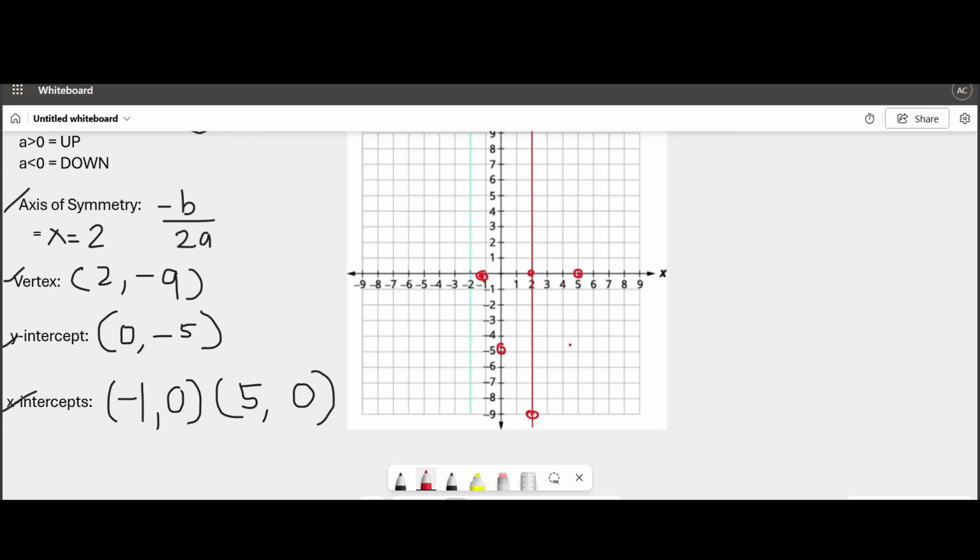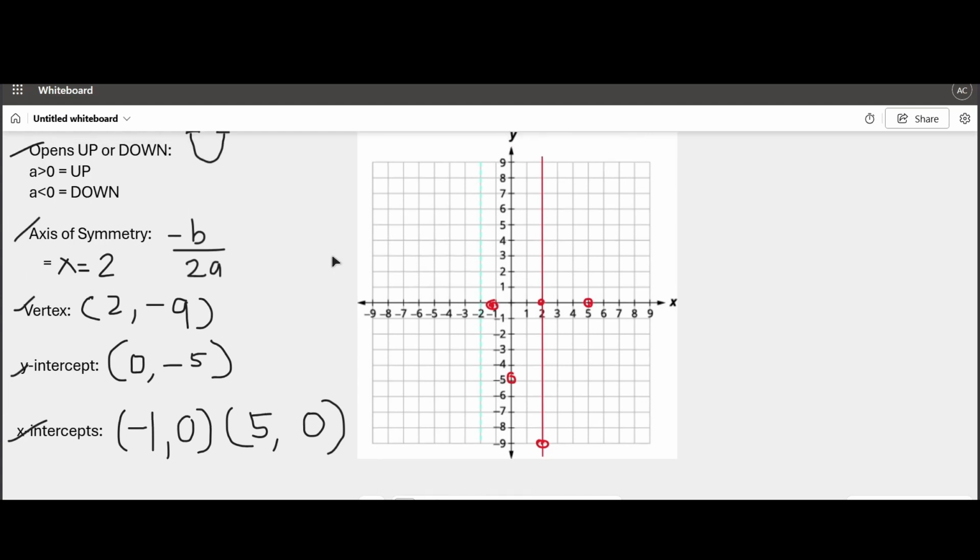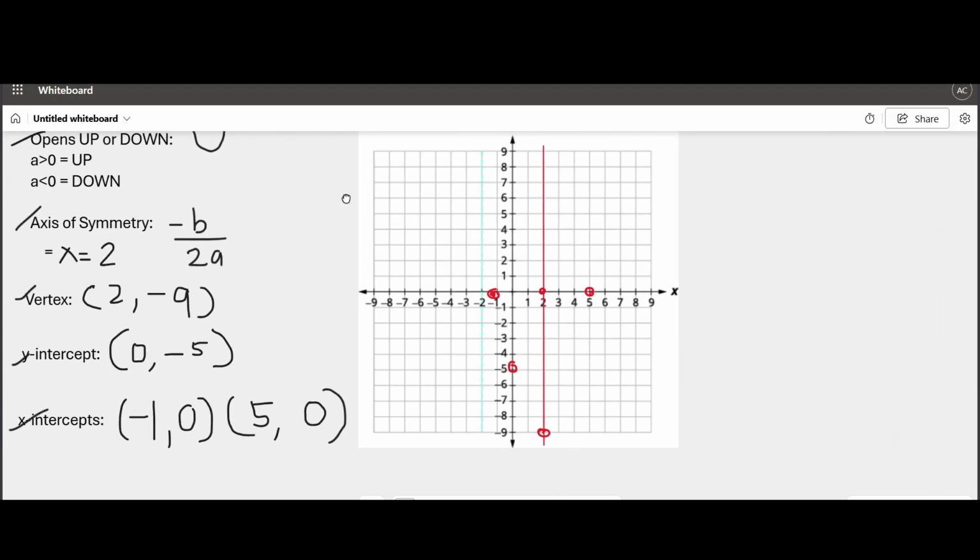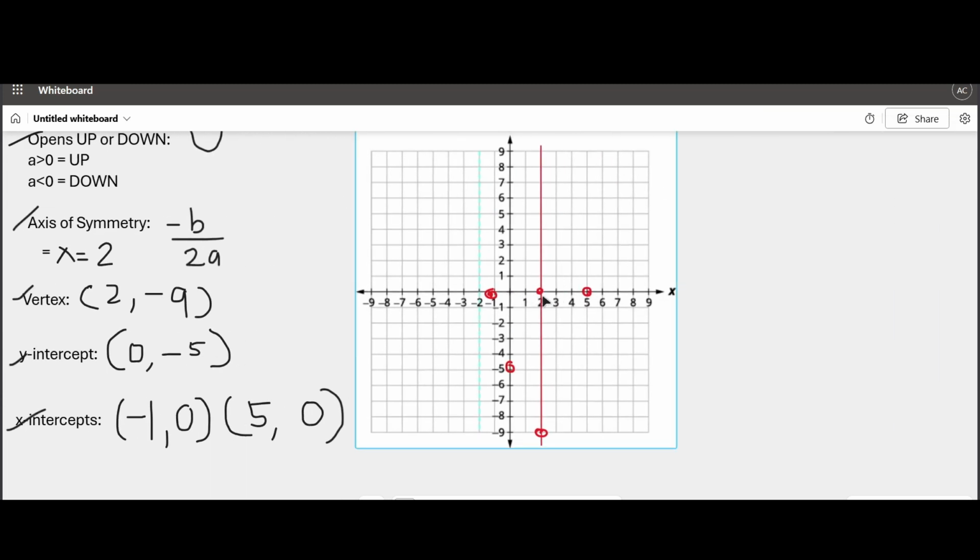We just have to know where the last point will be, and that will be very easy. Because as you can see, the axis of symmetry right here is on 2. How many numbers is there? Is the distance? So we got 2, 1, and 0. The distance between them is 3.